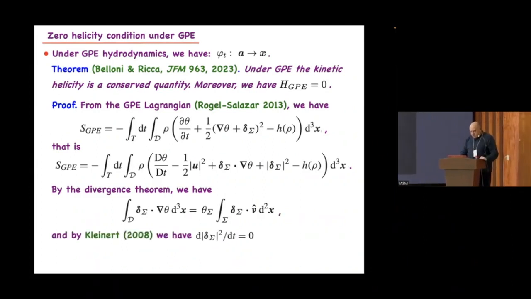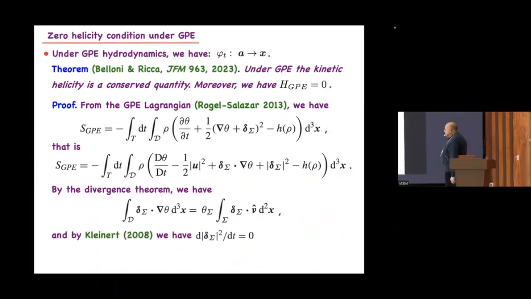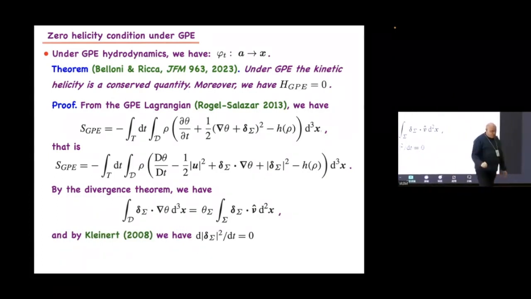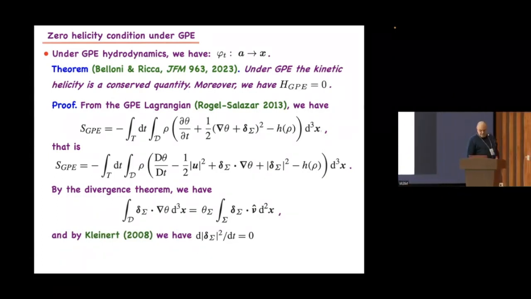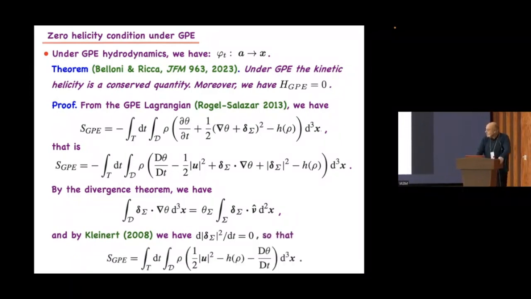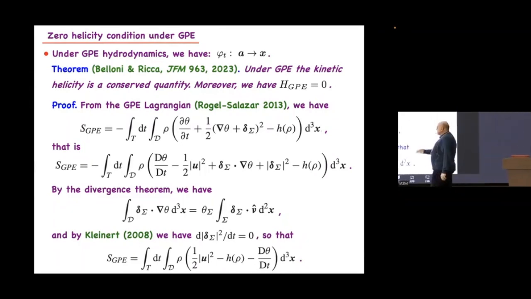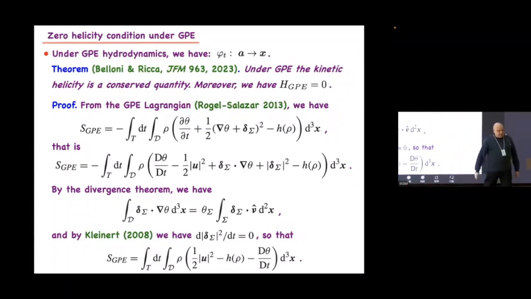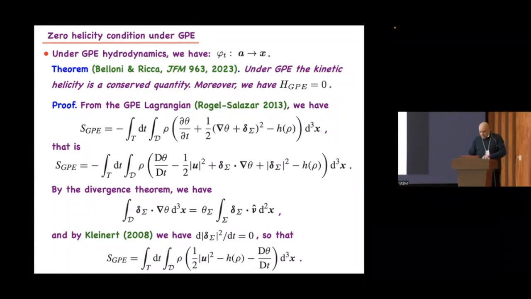And the second term also remains constant. The other term, this one, you can prove by using some of Kleiner's calculation that is also 0. So you reduce further this action to the action that you see below by absorbing these constant terms in there, and the fact that the derivative of delta squared is 0.